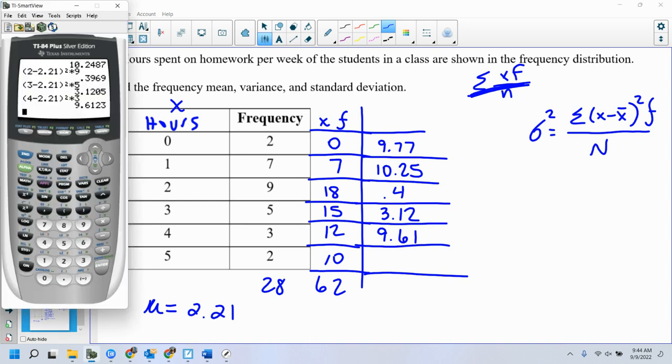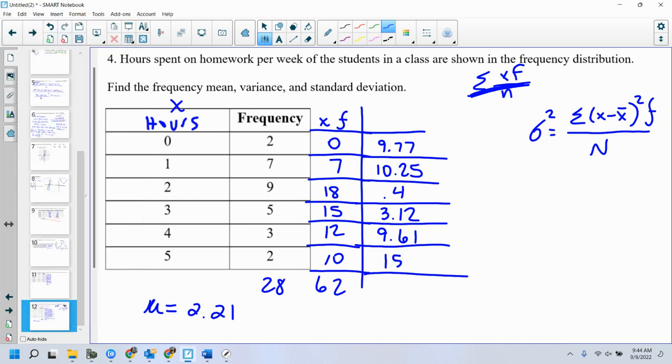And then lastly, 5 with a frequency of 2. 15.57. Okay, so that is it, and again, it's very important to label what each column means. I give you tables that you could either extend or tables that you just need to fill in.